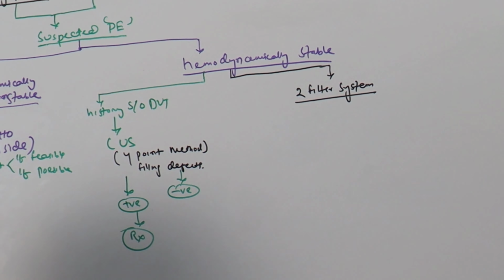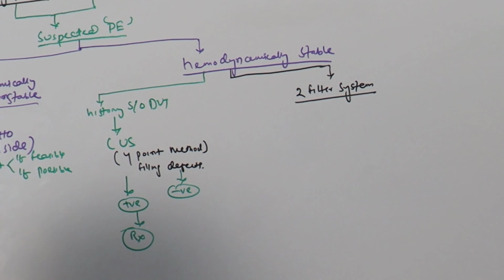rule out PE. And there are certain situations where you cannot do CTPA. The patient is having renal failure, contrast allergy, or is pregnant. In those situations, you cannot do a CTPA.